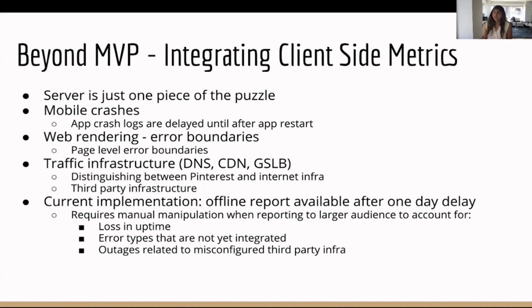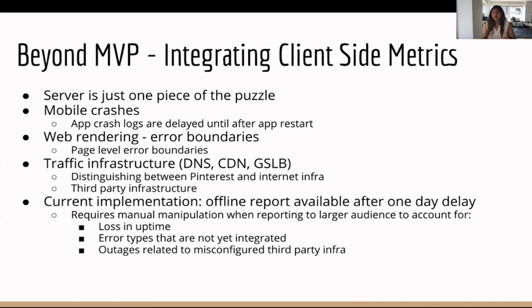Another interesting case is a loss in uptime. These are pretty severe outages where we actually have a big drop in engagement or active users. Right now, if a user becomes inactive, we don't count them at all in uptime. After a certain amount of time, they're just not on the site. They don't think one way or another about Pinterest, so we don't count them as up or down.